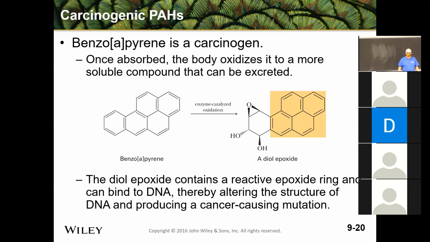Way back in the 1700s in England, there was a British physician who noticed that chimney sweeps had a higher incidence of cancer than many other occupations, and he suggested that there was something in the environment, something in the chimney soot, that was causing this increased incidence of cancer.